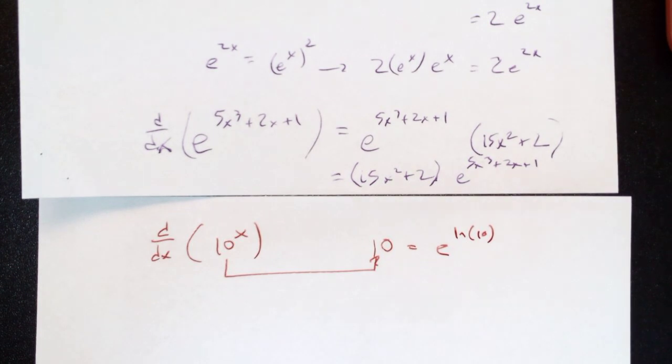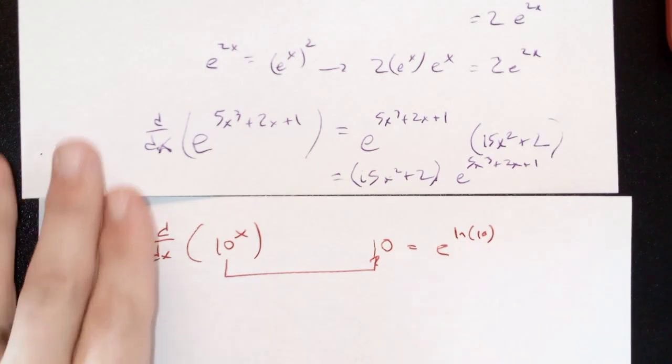Now, I don't know about you, but I don't have ln of 10 memorized. But I do know that ln of 10 is a number. Somebody who's got a calculator out, what's ln of 10? 2.302... keeps going nauseatingly forever, right? But it's a number. Just remember the fact that it's a number.